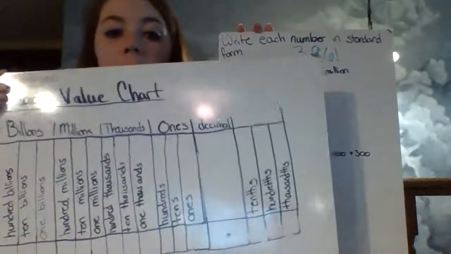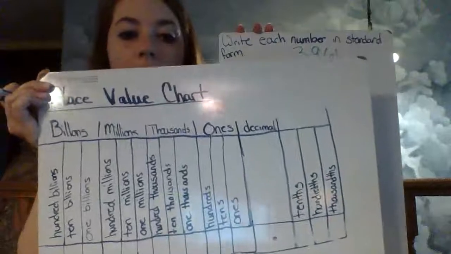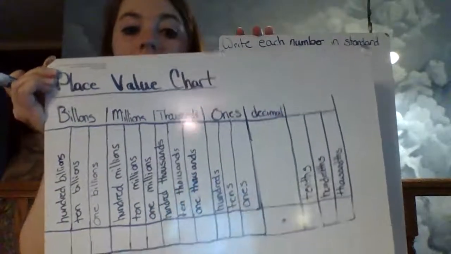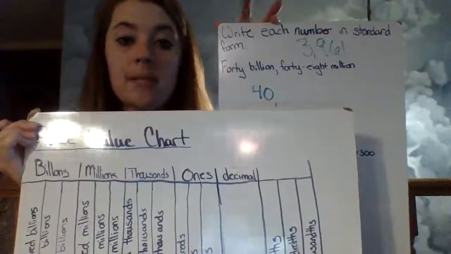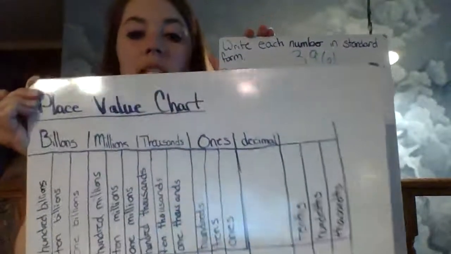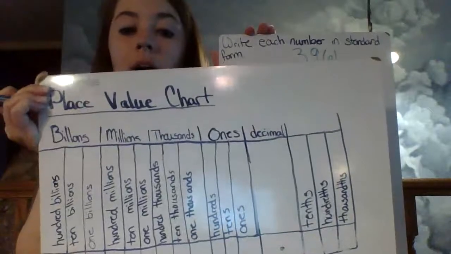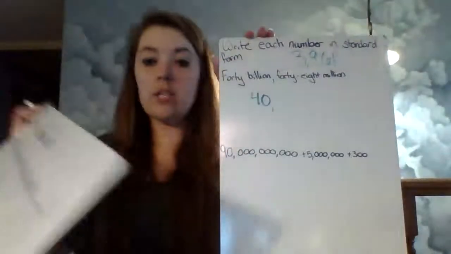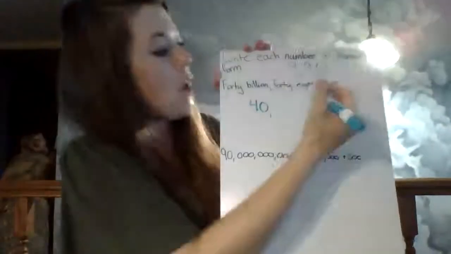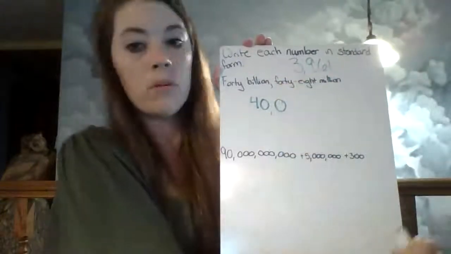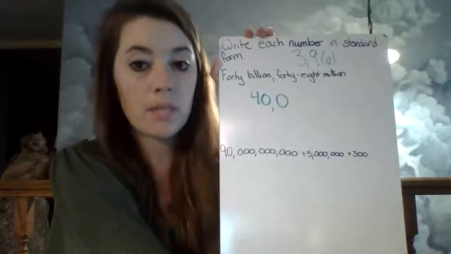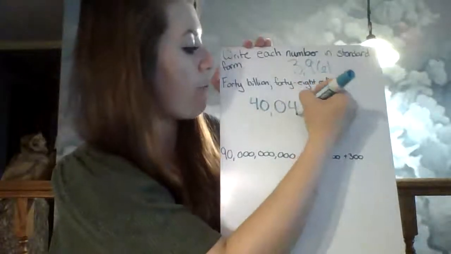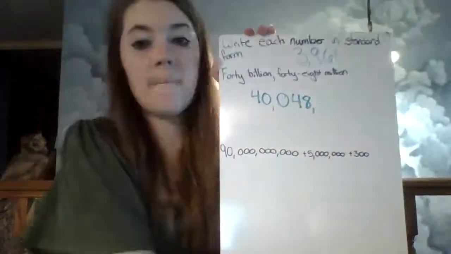We know from our place value chart that 40 billion is going to be in the tens, so that's why we have the 4 and then 0 and then a comma. Then we move on to the millions. Well, do we have 100 million? No, we don't. We only have 48 million, so we're going to put a 0 because we need that placeholder, since we don't have any 100 millions, and then we do our 48 million.